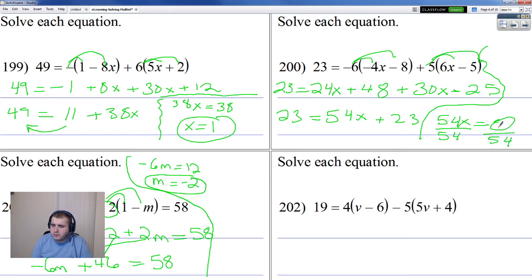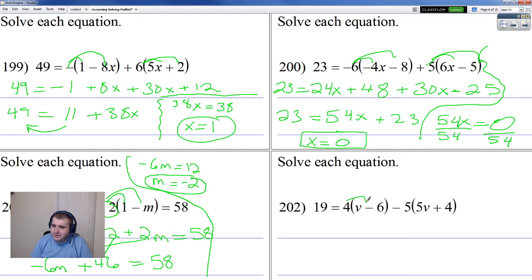What's 0 divided by 54? If I have no cookies and I want to split them between 54 people, then every person is going to get 0 cookies. And if you were to plug in 0, you would see that everything comes out. 48 minus 25 is 23. Okay. All right, last one on this page.